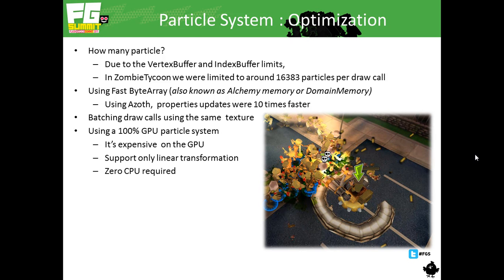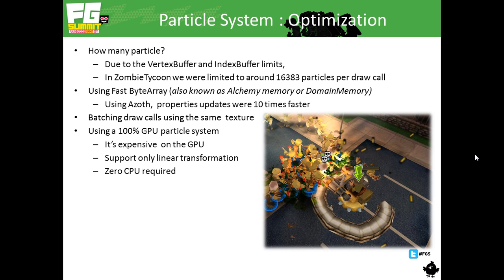We also use fast binaries, also known as Alchemy memory or domain memory, and there are a couple of other names for that. We used Azot, but there's also PDSI from Joe Ibert and Alchemy, of course, that can play with those special opcodes.